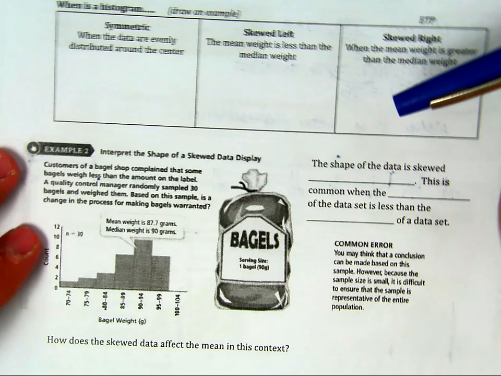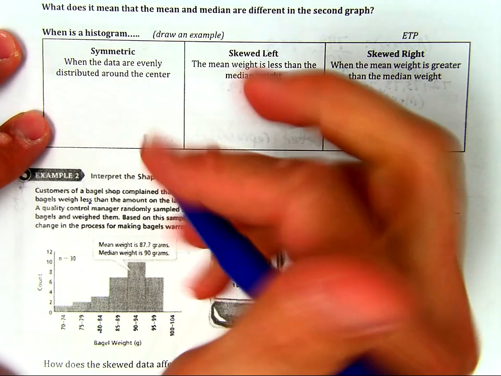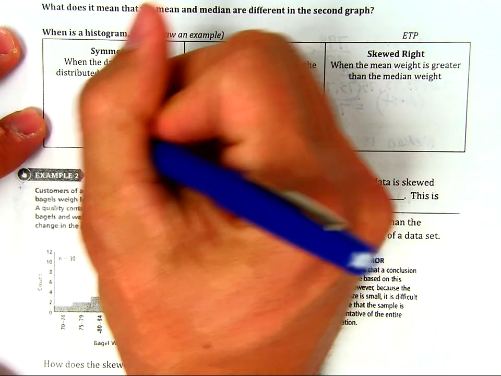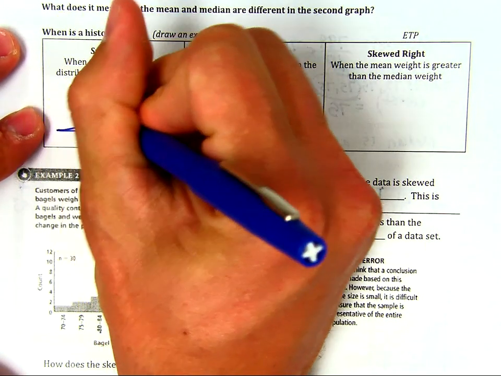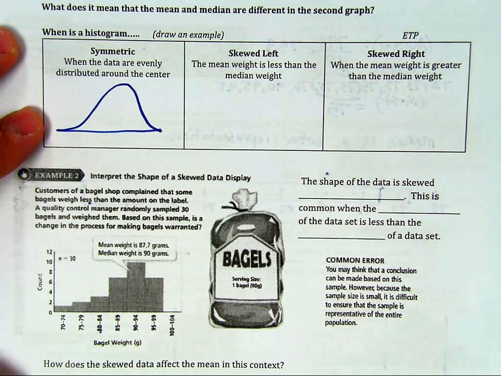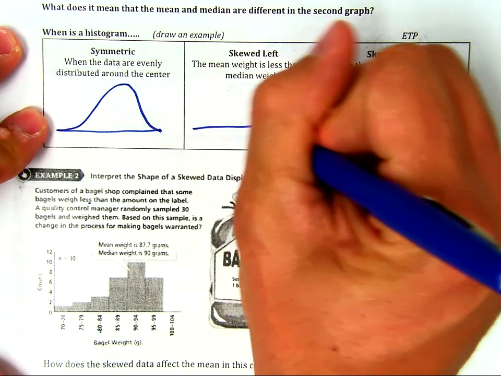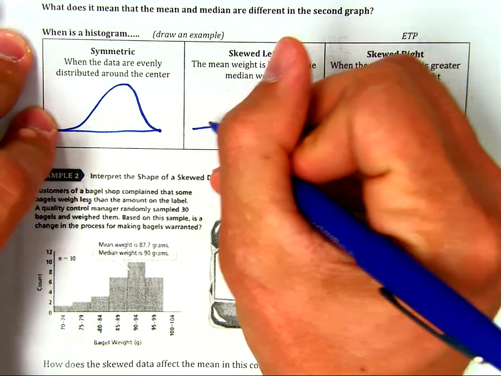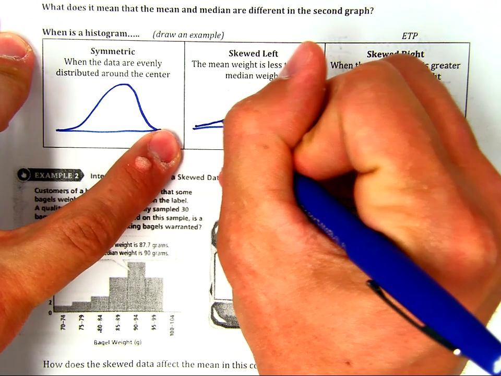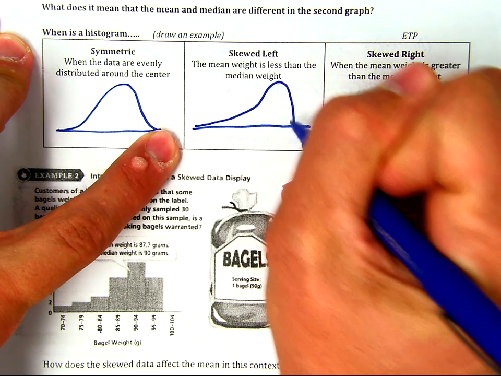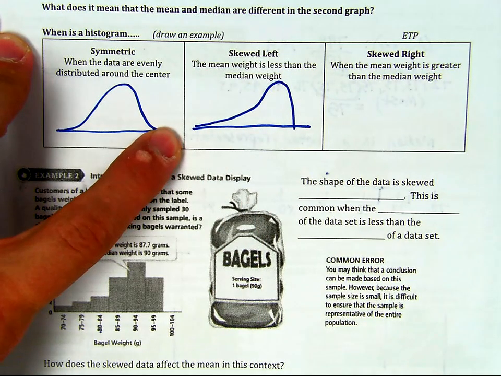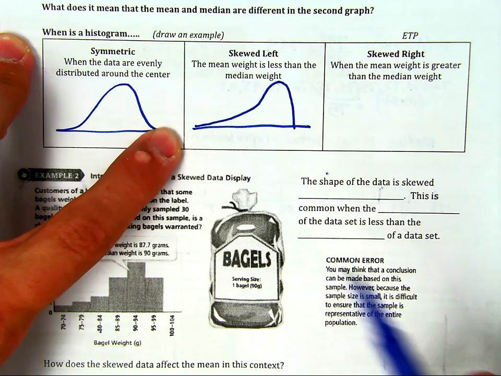So when it is symmetric, we say the data are evenly distributed around the center. When you draw it, it looks something like this. Skewed left: when you draw your histogram, you're going to have data on the left that bring your average down, so the mean weight is less than the median.